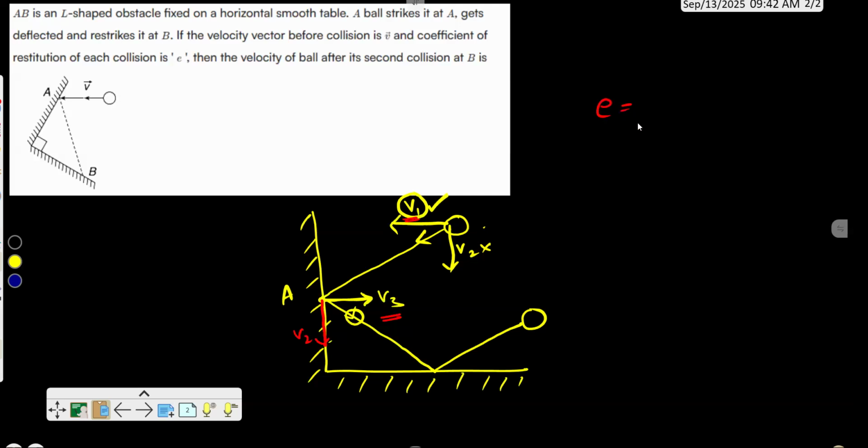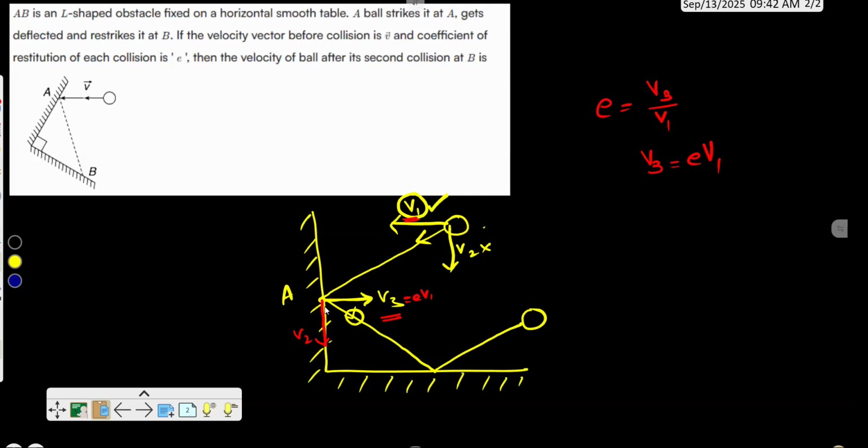Coefficient of restitution is velocity of separation divided by velocity of approach. So V3, the velocity of separation, is equal to E into V1. I hope you understood this.